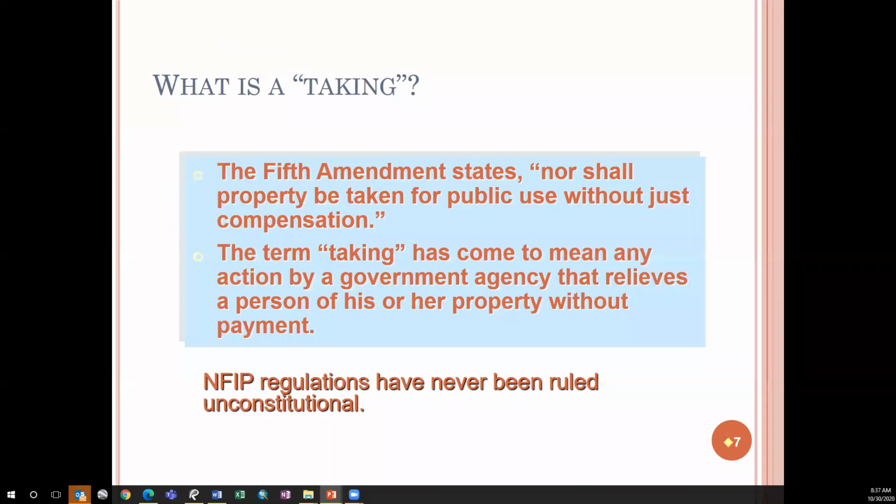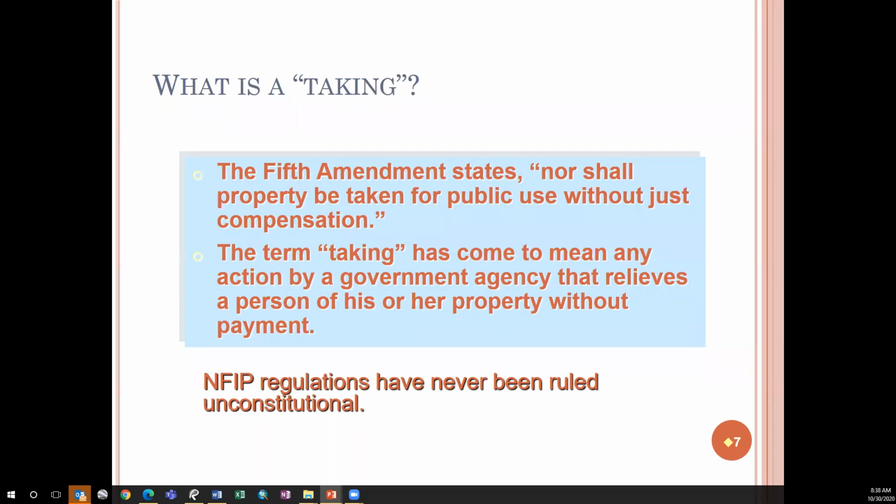So what is a taking? The Fifth Amendment states that no property shall be taken for public use without just compensation. So it doesn't mean you can't take it, but you have to go through compensation, potentially even condemnation, to acquire that.